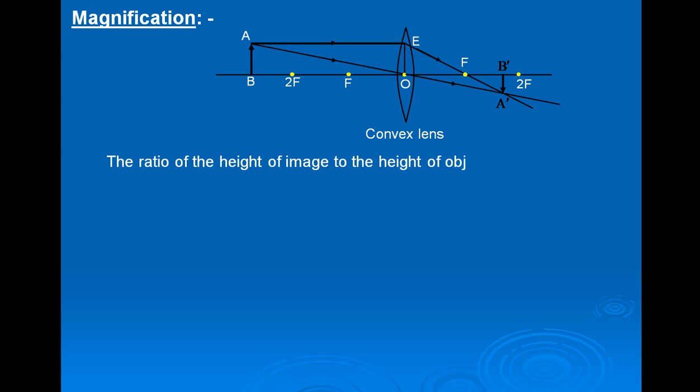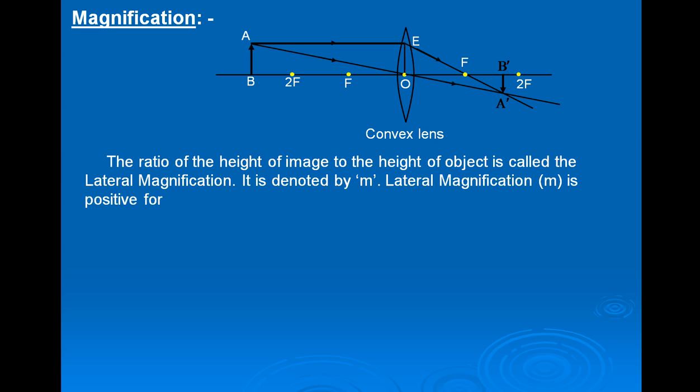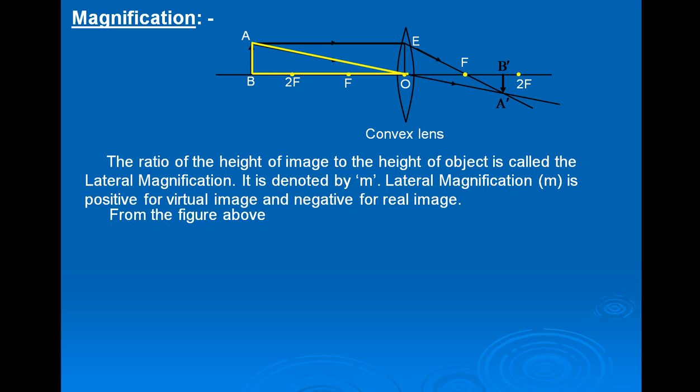Now the ratio of height of image to the height of object is called the lateral magnification. It is denoted by m. So lateral magnification m is positive for virtual image and negative for real image. From the figure above, triangle OAB is similar to triangle OA dash B dash.